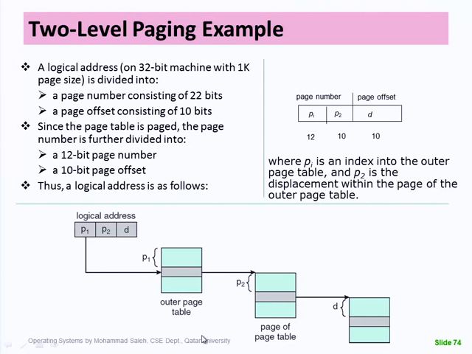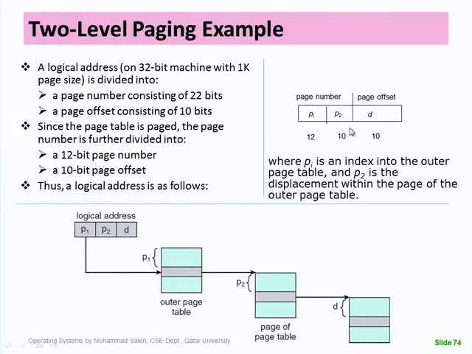For example, this is a 2-level paging. So I have this is the outer, this is the inner, P2, and this is D. So now the virtual address consists of 3 entries: the offset and the page numbers. And I also need what? The page table as well. So I can have, like, 12 bits for the page table, which means I have 2 to the power 12 number of these sub-page tables.